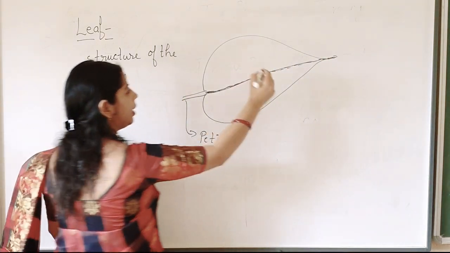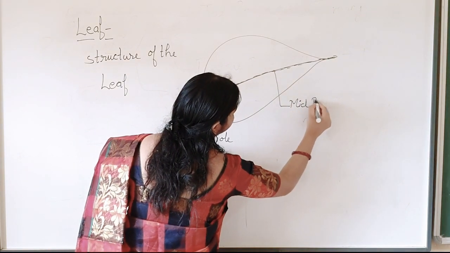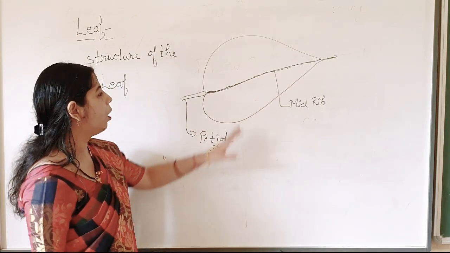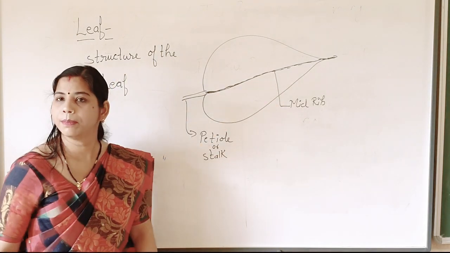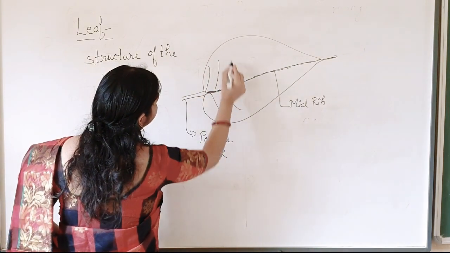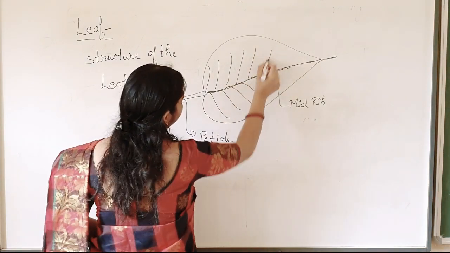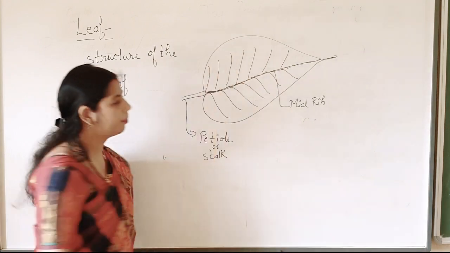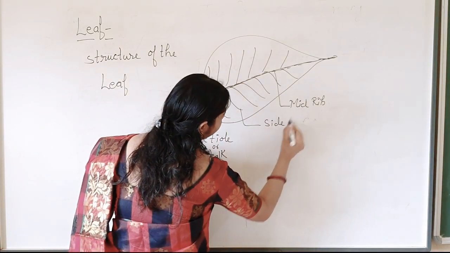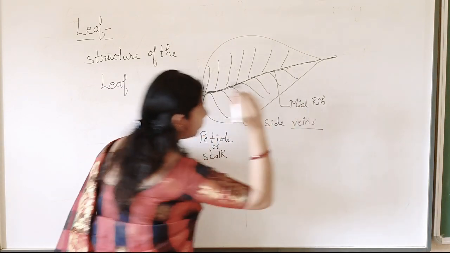This thick structure, it is known as the midrib. It is just like the backbone present in our body. Now from this midrib, number of veins arises in the other directions. So these are known as the side veins, and simply you can say veins.